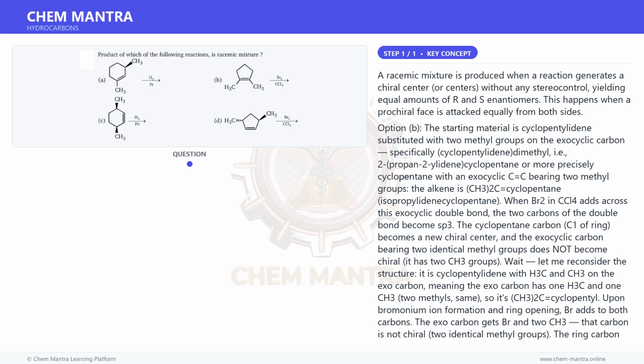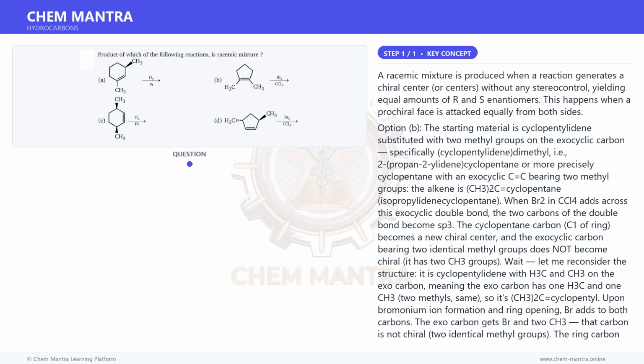Option B. The starting material is cyclopentylidene substituted with 2 methyl groups on the exocyclic carbon, specifically 2-propan-2-ylidene cyclopentane, or more precisely cyclopentane with an exocyclic C=C bearing 2 methyl groups. The alkene is (CH3)2C=cyclopentane, isopropylidenecyclopentane.